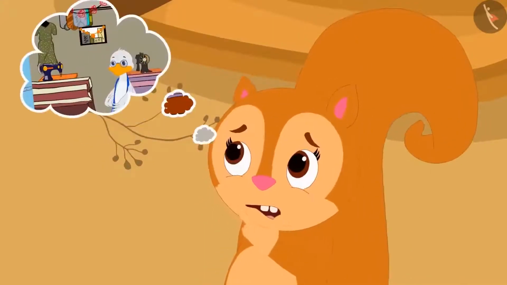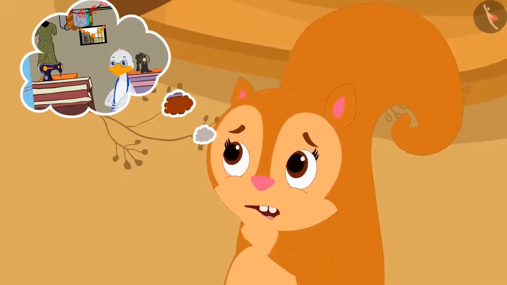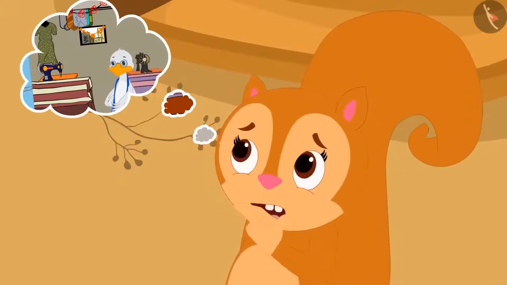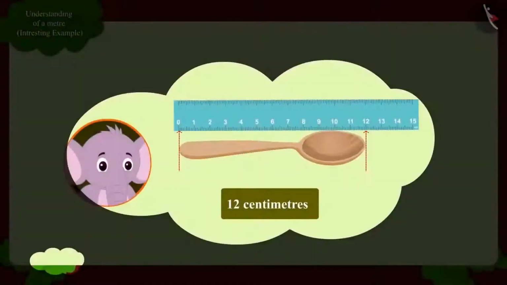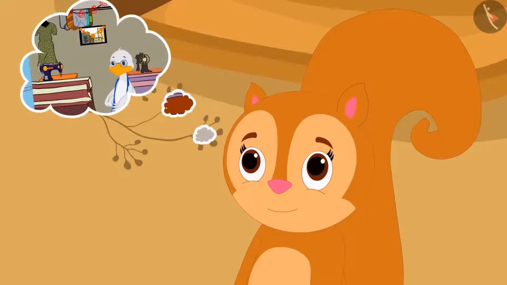Chanda thought that she would buy material from uncle's shop and make the curtains. Chanda had learnt from Appu about the use of centimeters and rulers. So she is confident that she will easily be able to give the correct measurements for the curtains to uncle.